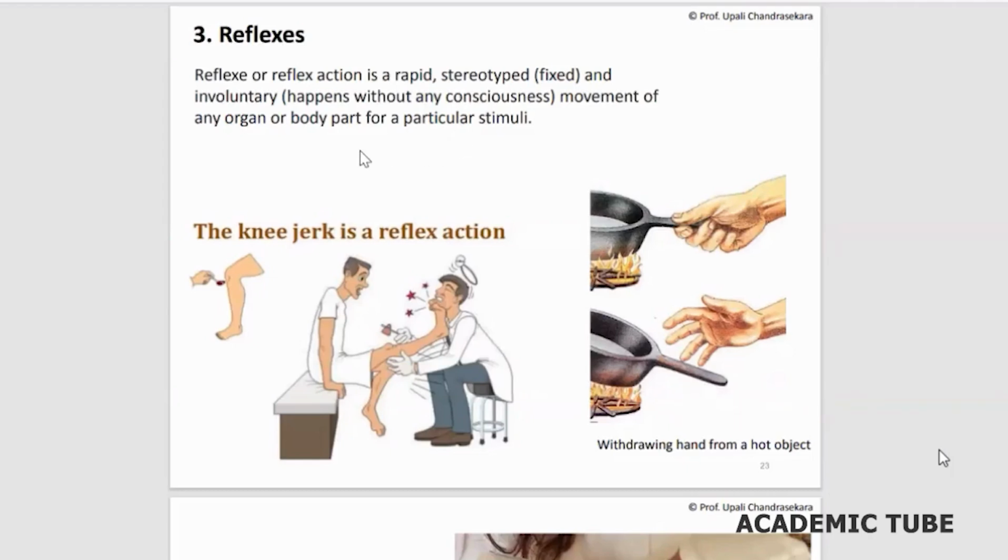Only a part of the body works. I'm showing you another example.